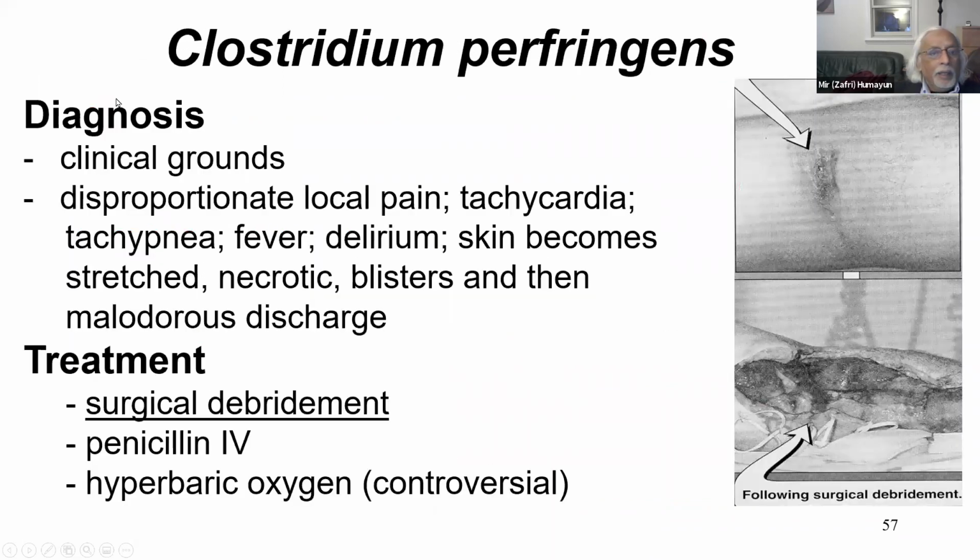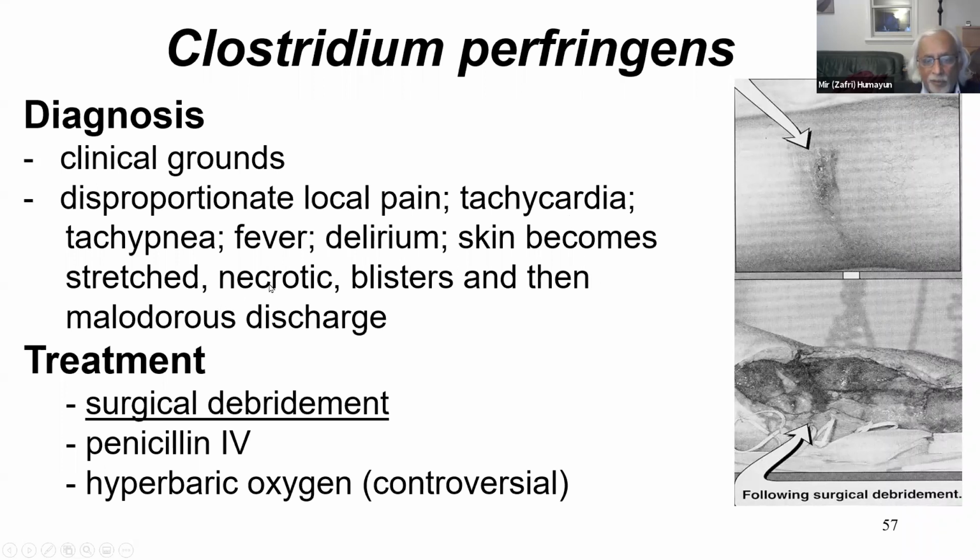Diagnosis of Clostridium perfringens infection is mostly on clinical grounds. The patients display disproportionate local pain. They suffer from tachycardia and tachypnea, that is, rapid heartbeat and rapid breathing, fever, delirium.